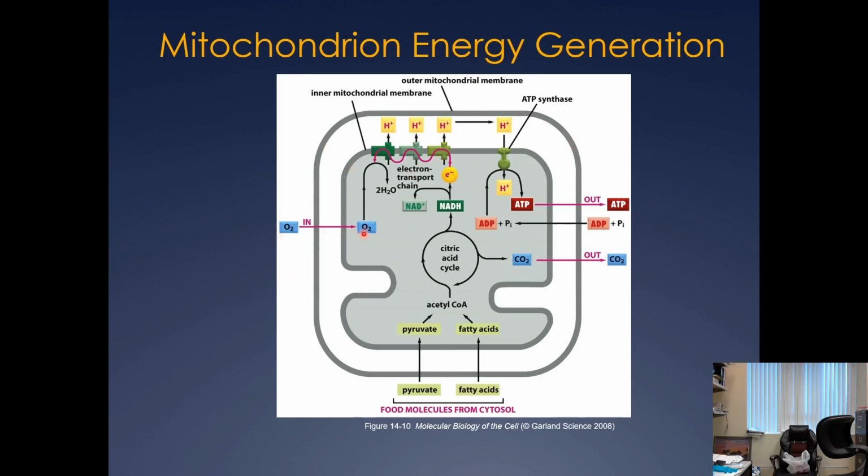Basically, it's going to take up oxygen, and you have pyruvate and fatty acids coming in that'll eventually get converted to acetyl coenzyme A, and then through the citric acid cycle, you're producing high energy reduced NADH, and then the electrons are transferred to the NADH dehydrogenase complex, and then off to the cytochrome BC1 complex, and then finally the cytochrome oxidase complex, and eventually on to oxygen, producing water.